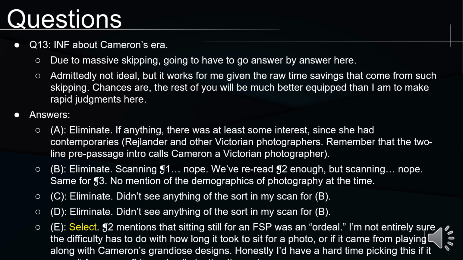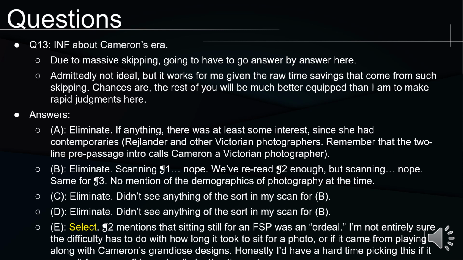Paragraph 2 mentions that sitting still for an FSP was an ordeal. I'm not entirely sure that the difficulty has to do with how long it took to sit for a photo or if it came from playing along with Cameron's weird designs. So honestly, I'd have a hard time picking this if it weren't for my confidence in eliminating the rest. But there is at least some mention of taking these photos not being a fun, easy thing to do.